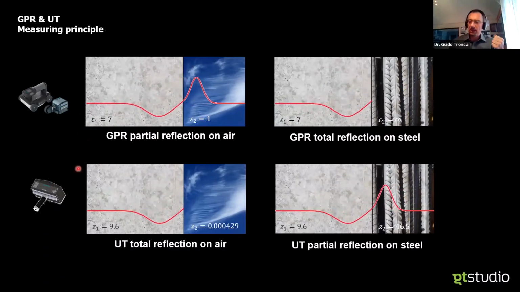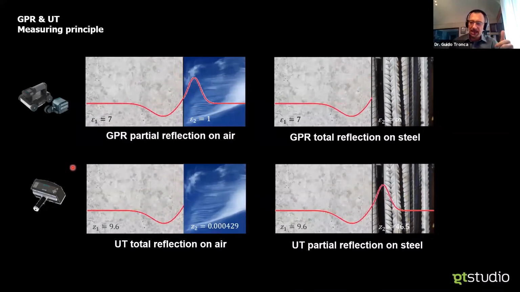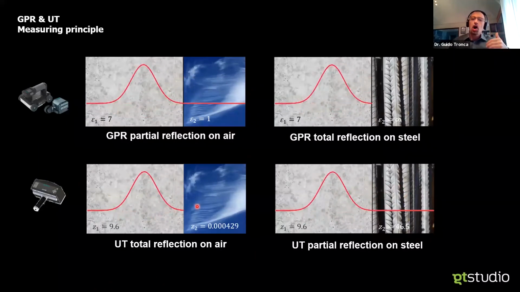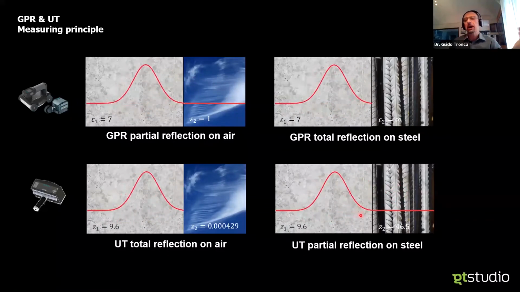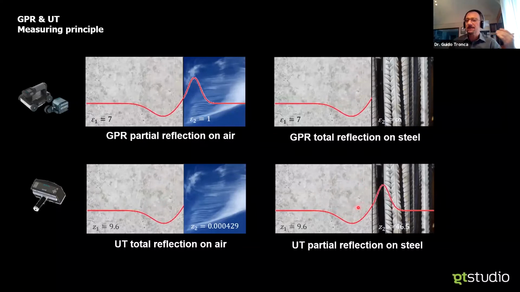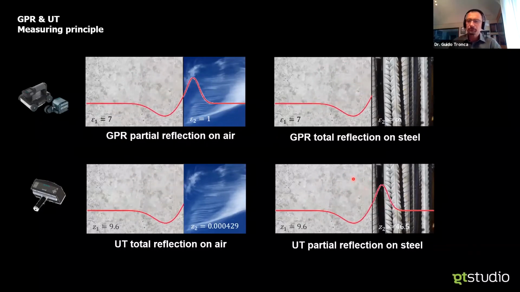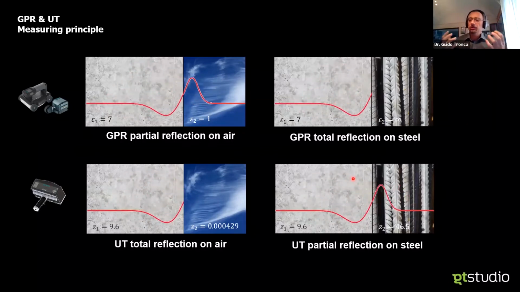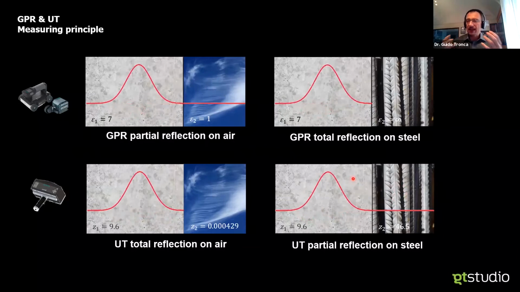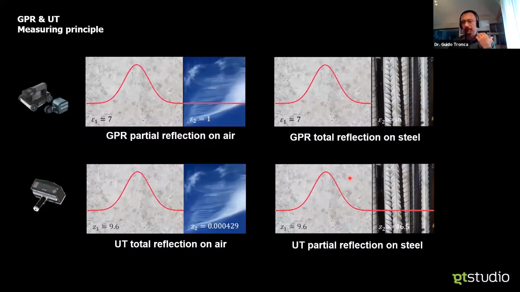When I play with ultrasound, I have to expect an inverse behavior. So all energy is reflected against an air interface, and part of the energy will pass through a concrete steel interface. Now, let's keep in mind that the amount of information that I extract is related to the component that bounces back.